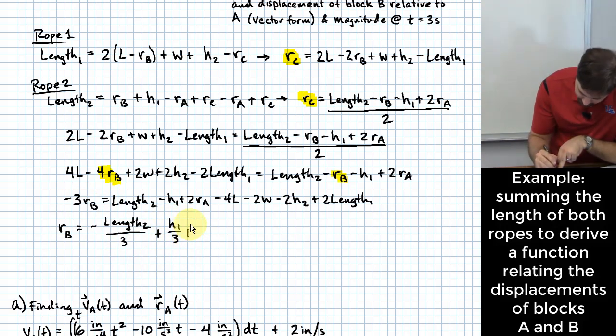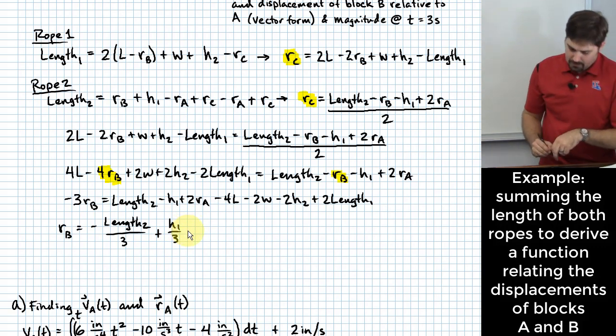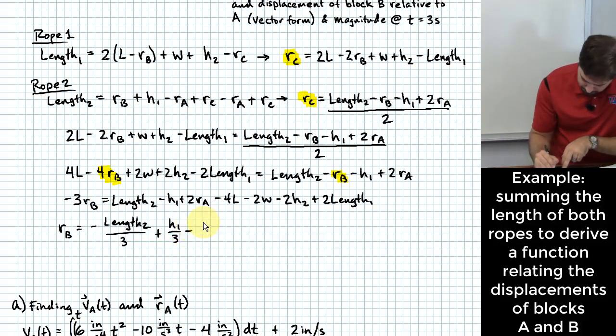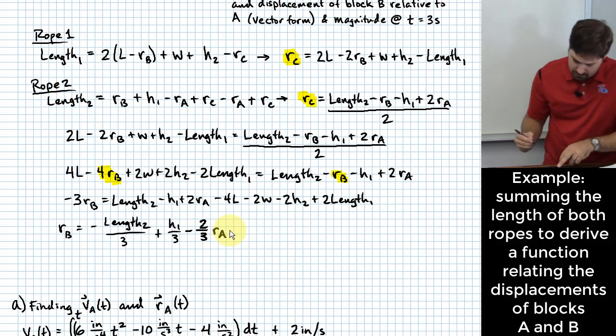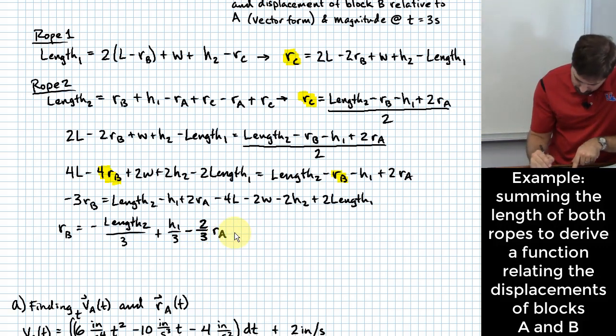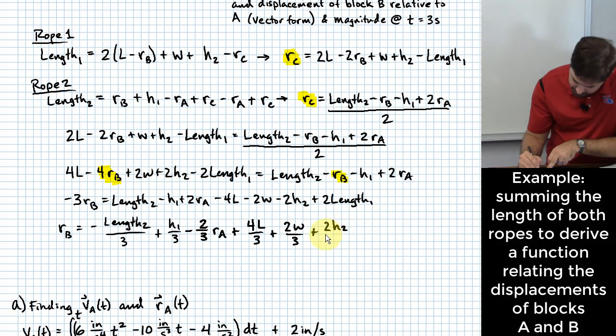Here we have minus 2 over 3 RA plus 4L over 3 plus 2W over 3 plus 2H2 over 3 minus 2 over 3 times length 1.